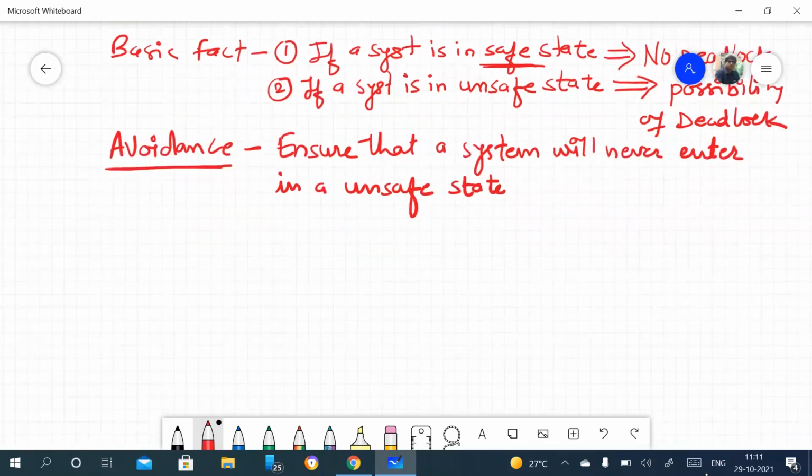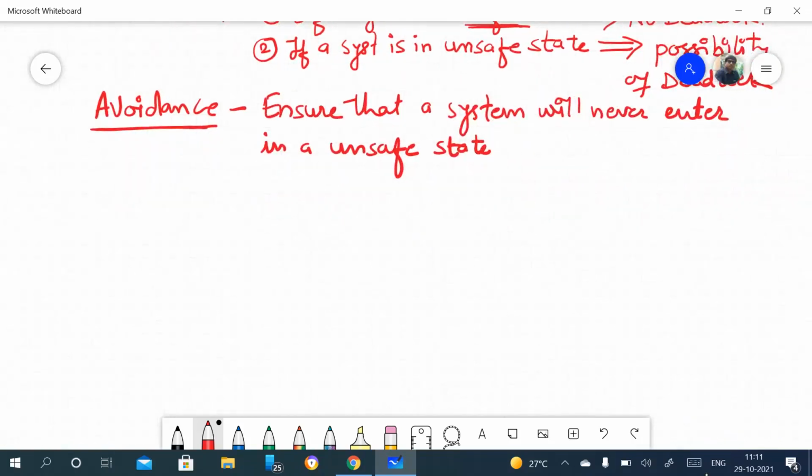See, in the resource allocation graph we have seen, suppose a resource is there, like this one is a resource. This resource will hold sometimes one instance, and this other resource will hold multiple instances, right?